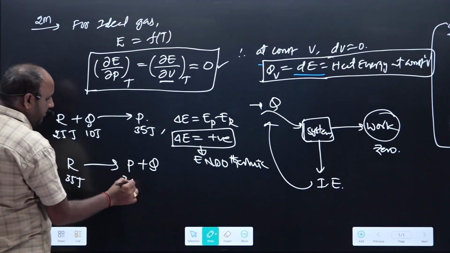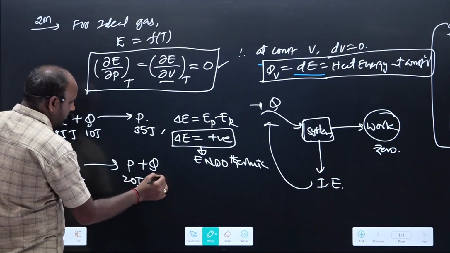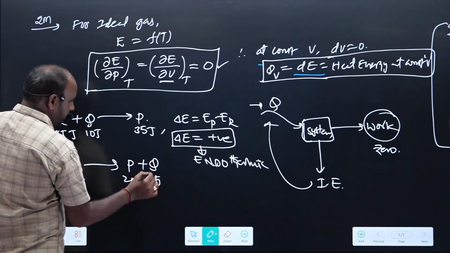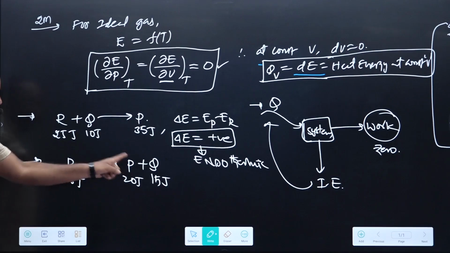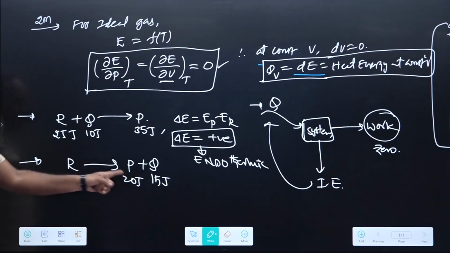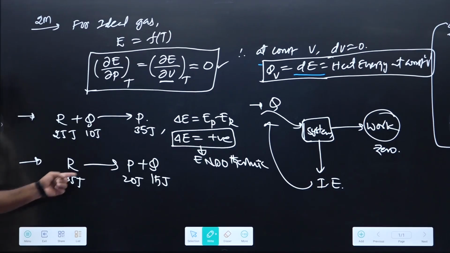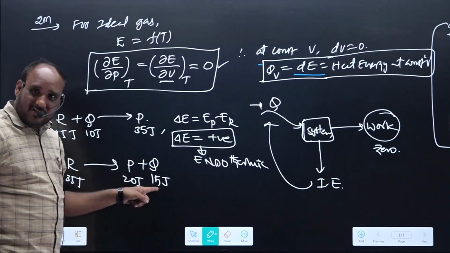So here this will be 20 joules and Q will be 15 joules. 20 plus 15 joules, right? So what about product minus reactant? 20 minus 35 is minus 15. That 15 is equal to Q or not?